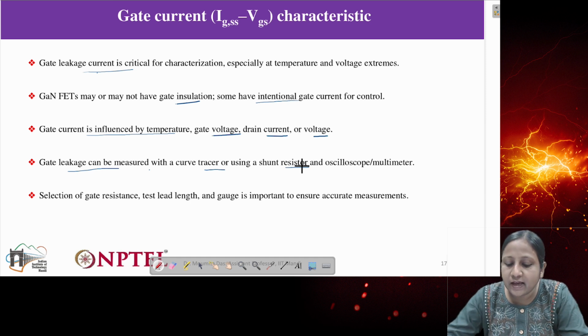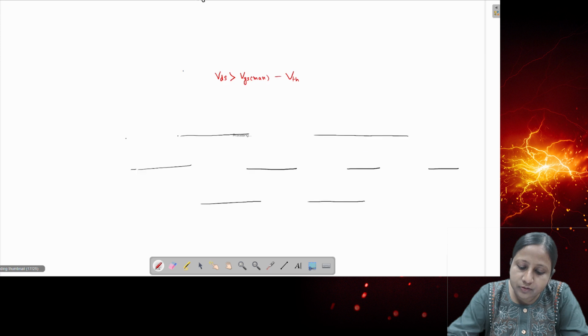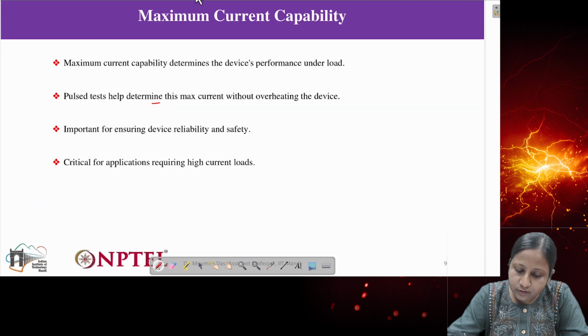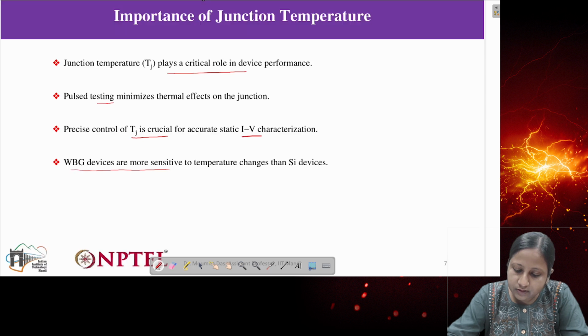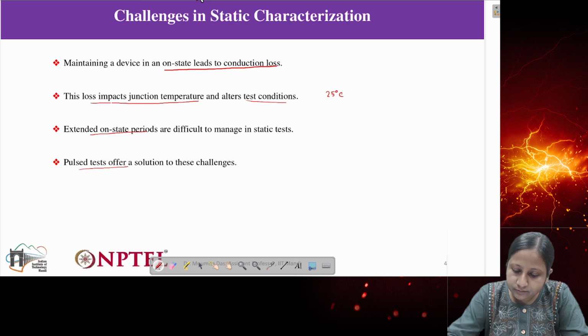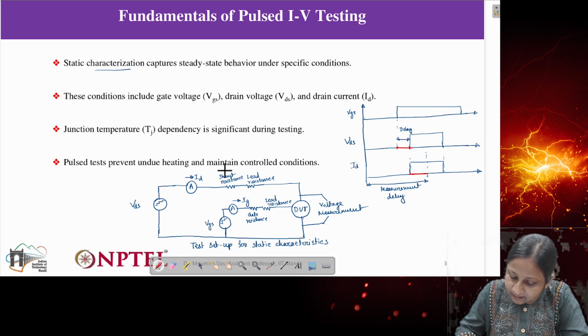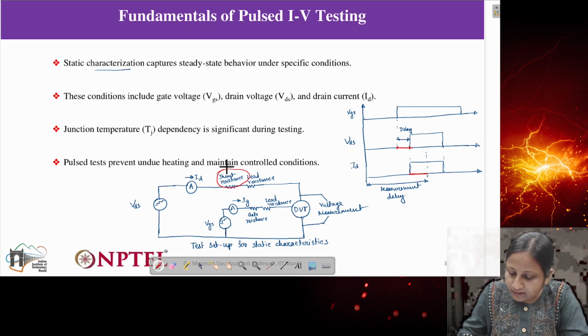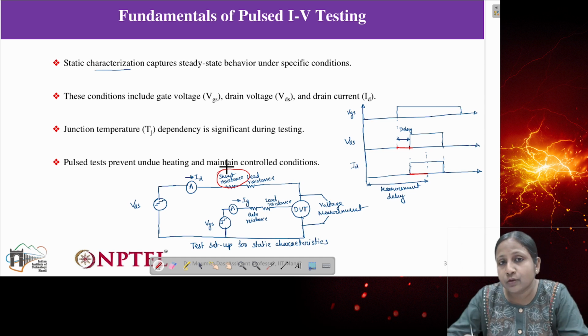In the previous slide, if you remember, I showed one resistance. I'm just going back to show you this resistance. You can see here this shunt resistance. This shunt resistance can be used to measure the gate current.